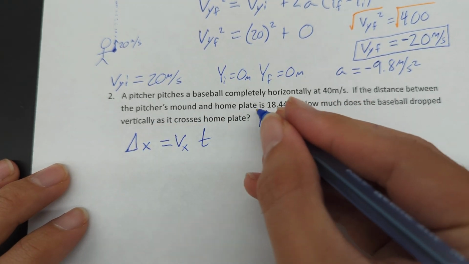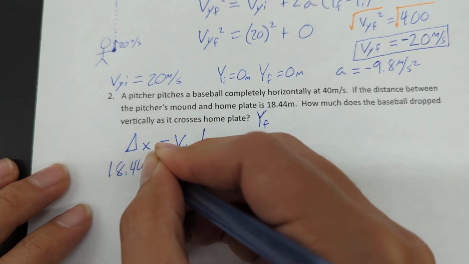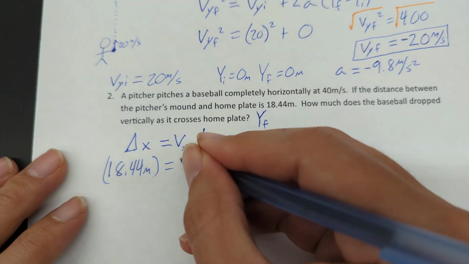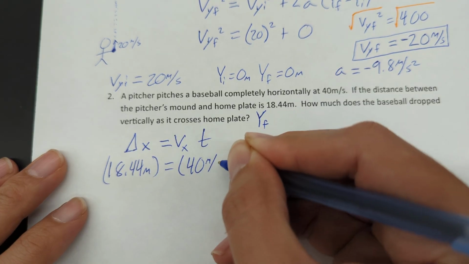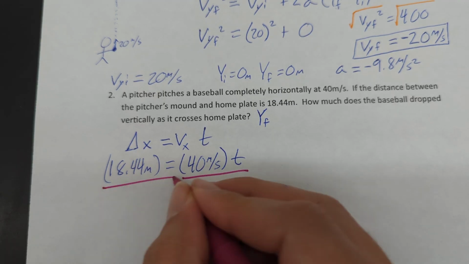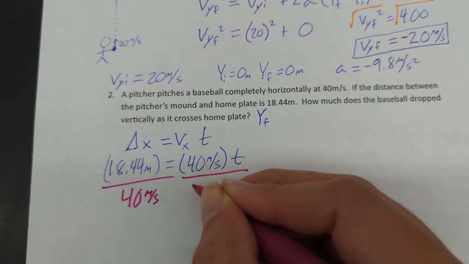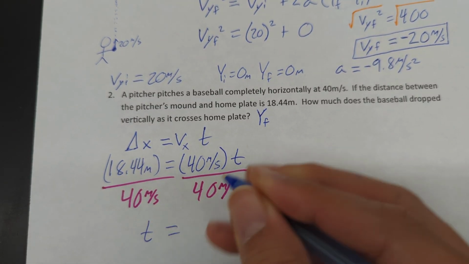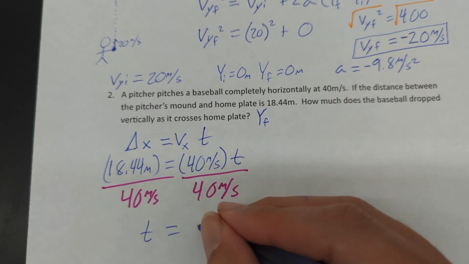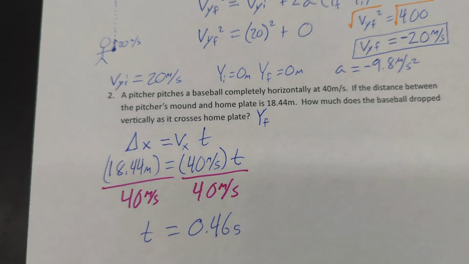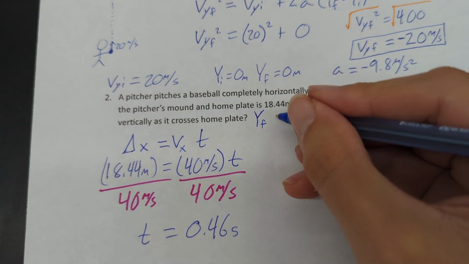We know that the horizontal position is 18.44 meters, and we know our horizontal velocity, assuming no air resistance, is 40 meters per second. So to find time, you divide both of these by 40 meters per second. And we get t is equal to 18.44 divided by 40, or around 0.46 seconds.